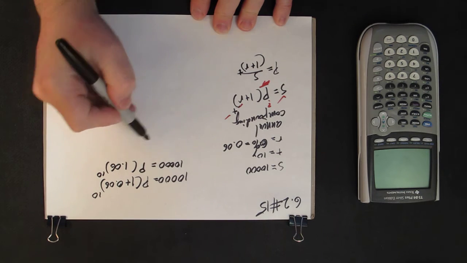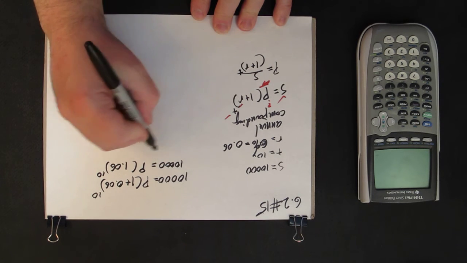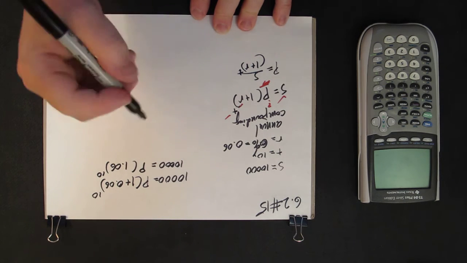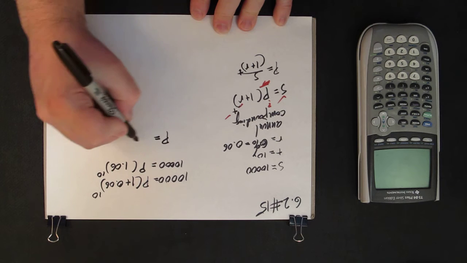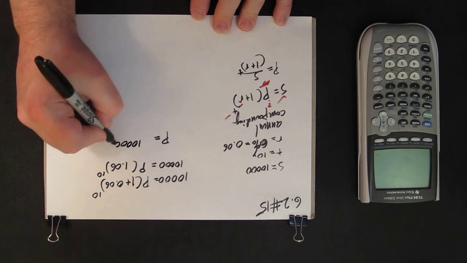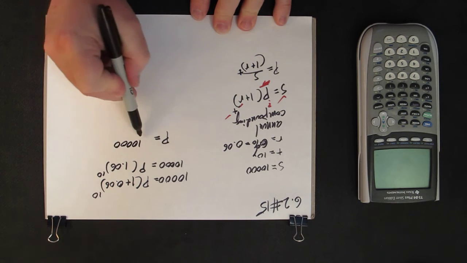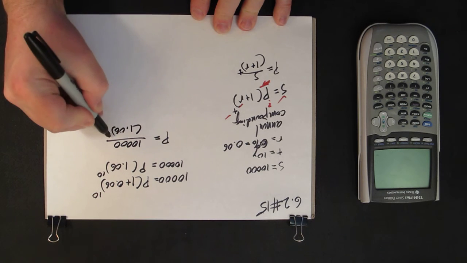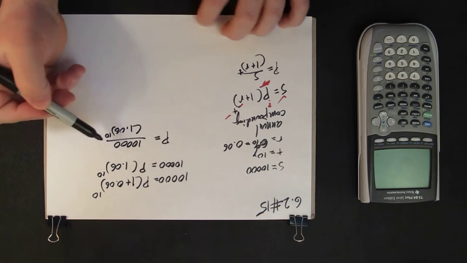And so what you want to do is solve for P. So you take your final amount and divide by this growth factor term here. So P is going to be 10,000 divided by whatever the result from this calculation is, which is the amount that the principal has grown by.